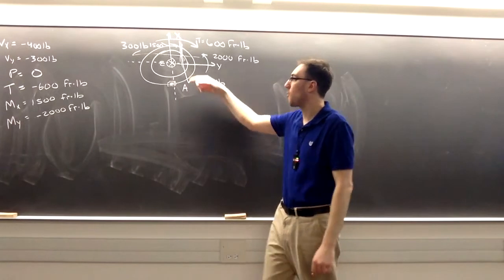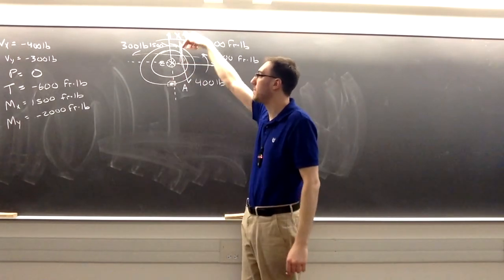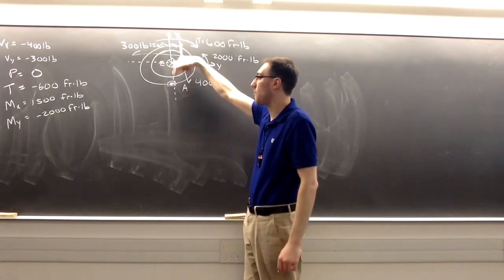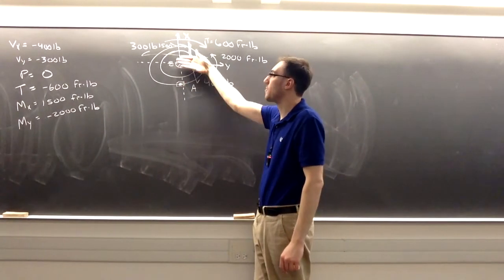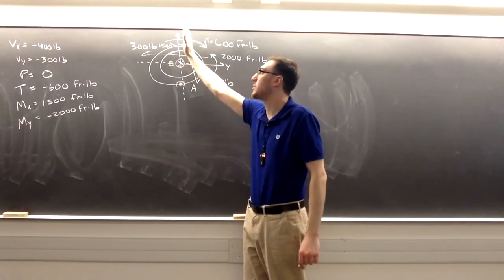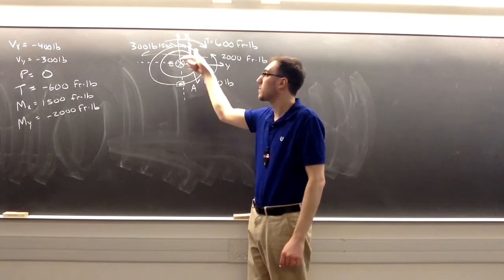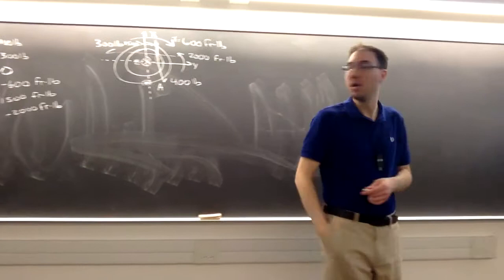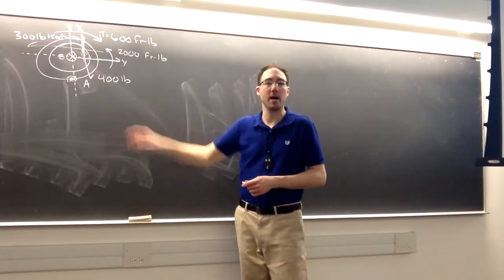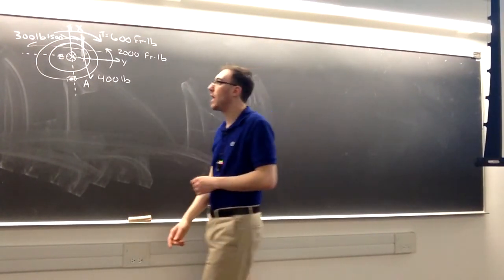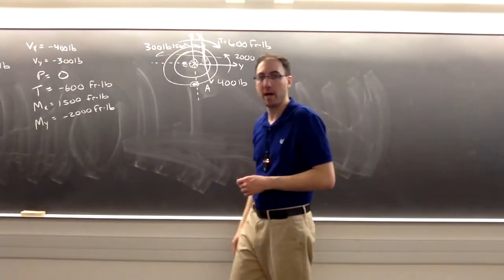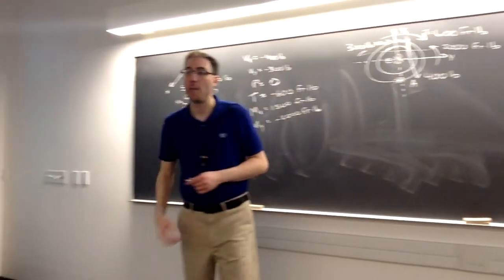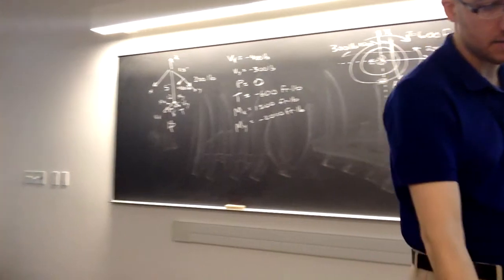So again, with respect to the 400-pound load, it's at the bottom of that. It's furthest from the neutral axis. But with respect to the 300-pound load, it's actually on the neutral axis that's perpendicular to the 300-pound internal shear force. So the 400-pound load will not cause a shear stress at A, but we will have a shear stress caused by the 300-pound shear force, and we have to calculate what that shear stress is.